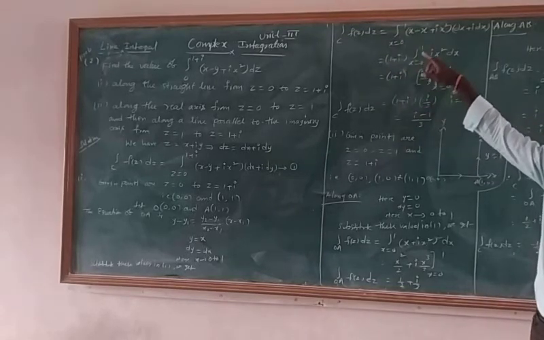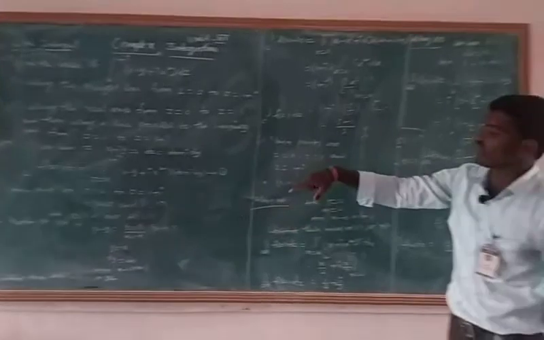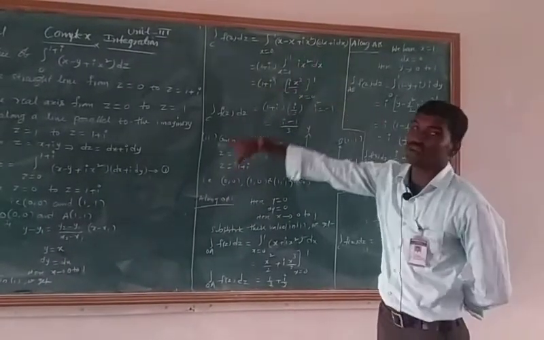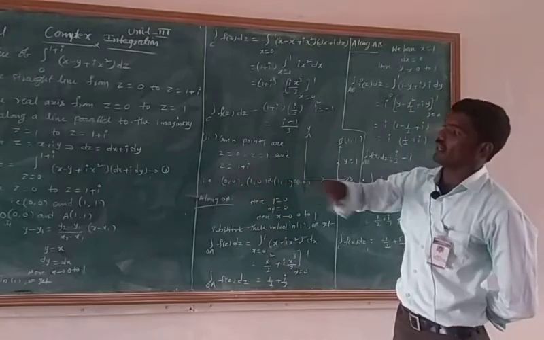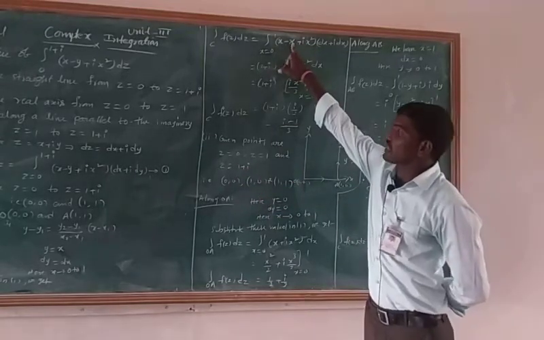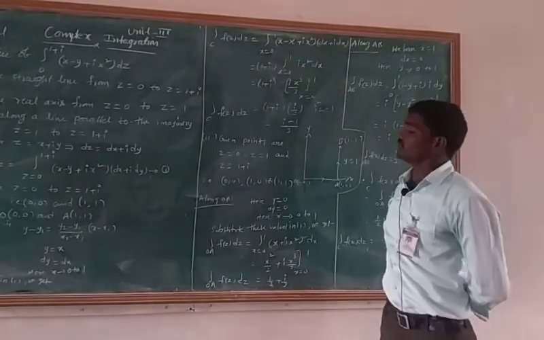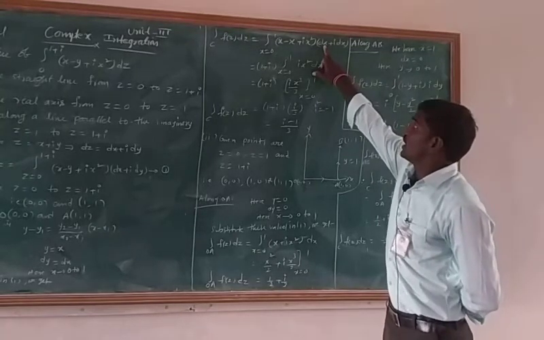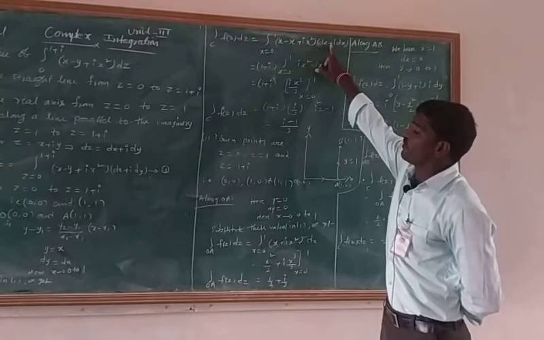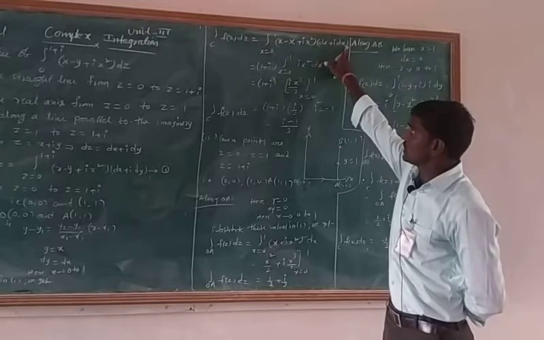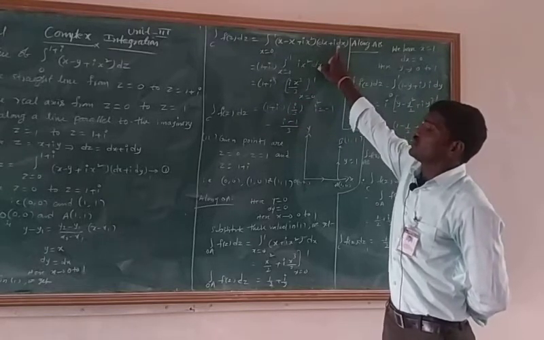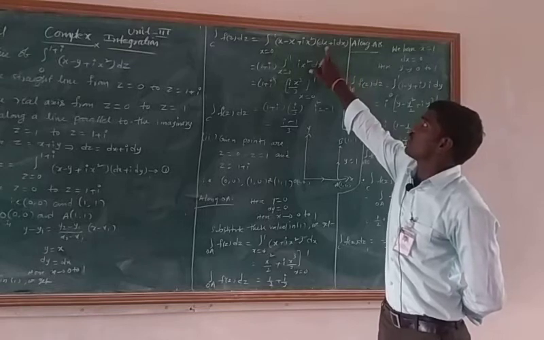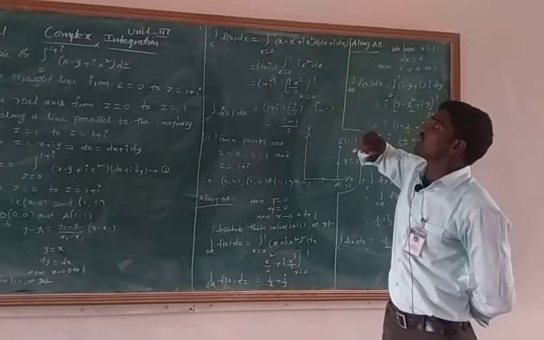That means I have to put y equals x and dy equals dx in equation 1: x minus x plus i x square, and dz is nothing but dx plus i dy, which is dx plus i dx. That equals, here dx is common, and in this case there exists (1 plus i), which is nothing but a constant value.